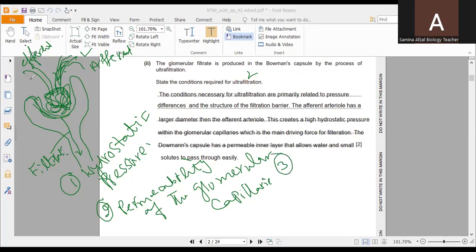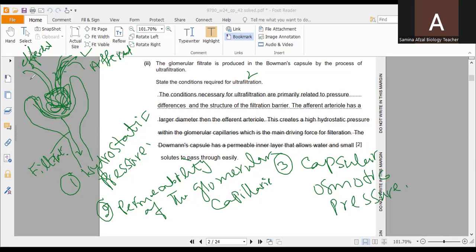Next, the capsular osmotic pressure. This is also a condition which can affect this fine filtration. Capsular osmotic pressure is produced by the fluid which is already present in the Bowman capsule.